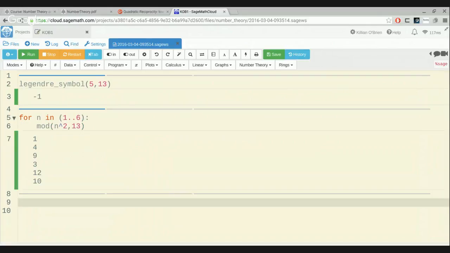Yeah, so these are all the quadratic residues modulo 13: 1, 4, 9, 3, 12, 10, so we don't see 5. Okay. To do that out, I was just following the concepts in the proof, looking at all the multiples of 5, reducing them modulo 13, and then figuring out which ones are in the second half.